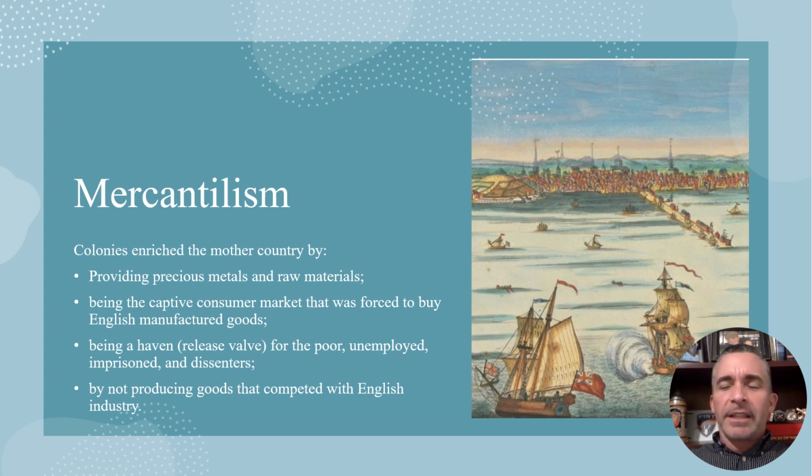It was thought that if these elements of the population remained in England, they could engage in some dangerous activities like uprisings or subversion, espionage. So the mercantilist policy was to send these people over to America so that they could be gainfully employed in the American colony, and they would no longer be a threat in England.